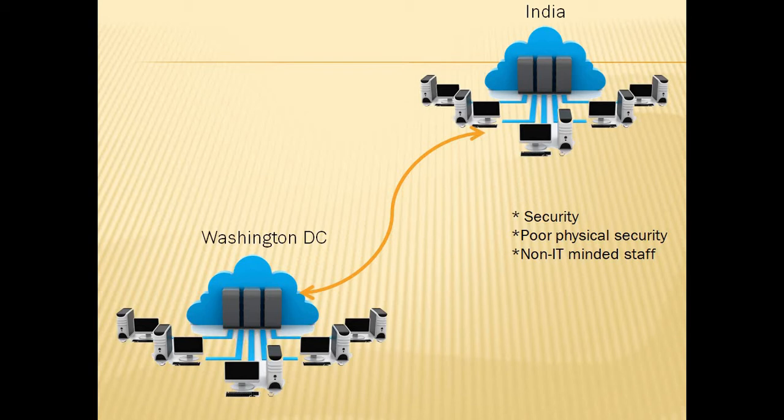Sometimes we have to consider the physical security of the domain controller as well, because if its security is compromised by some means, your entire database can be copied or stolen by someone else. That's why you need to be careful. So under this situation there might be a need to have a read-only domain controller in your branch office.